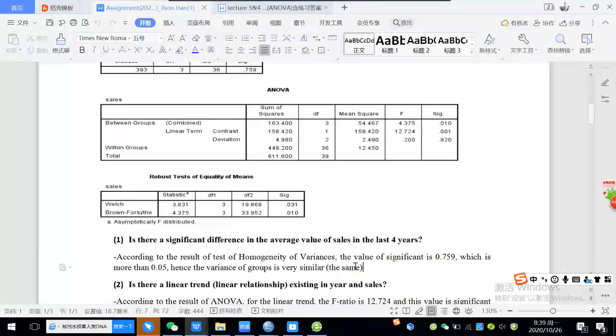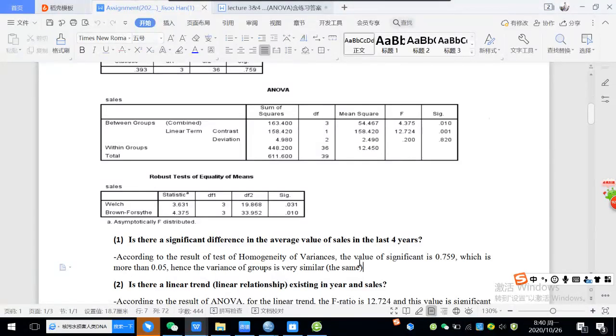Yes, here is right. But Jinser, this only means the variance is equal. You didn't answer the question, whether there is a significant difference in the average value of sales in the last 4 years.